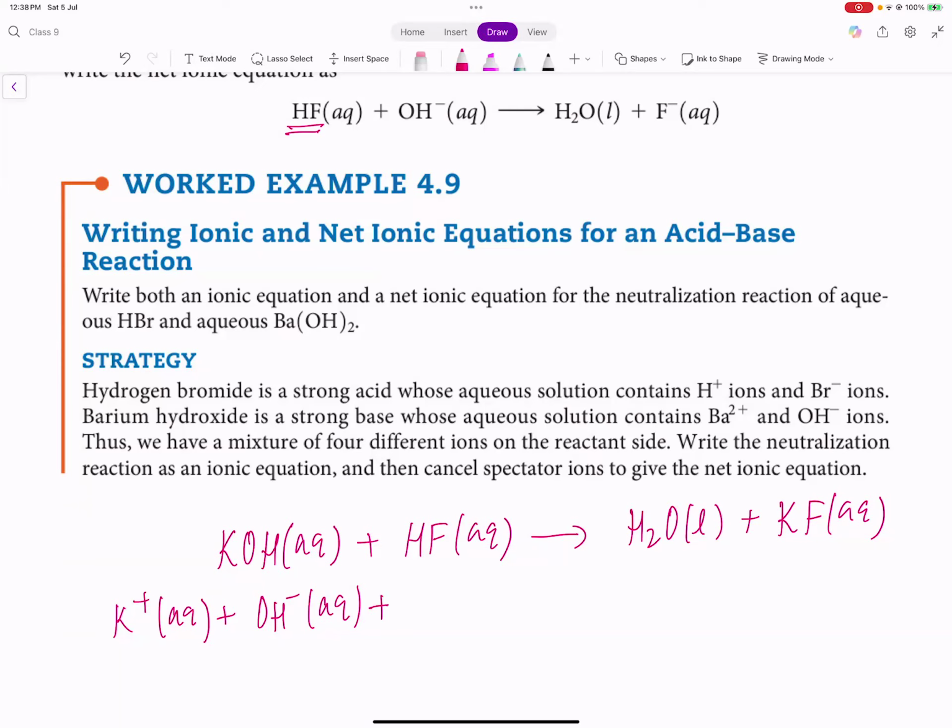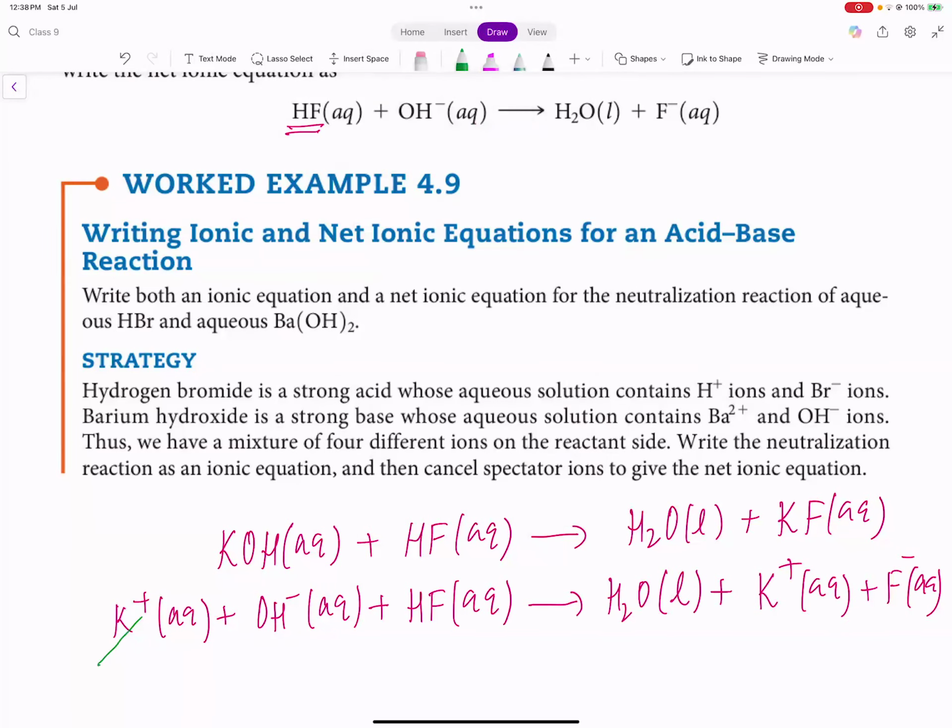Plus here I cannot break it because it's a weak acid. I have to keep this as HF and H2O liquid, and the potassium salt will dissociate into K+ aqueous, F- aqueous. And then I can cancel out the common ions, right? Only K+ will cancel out.